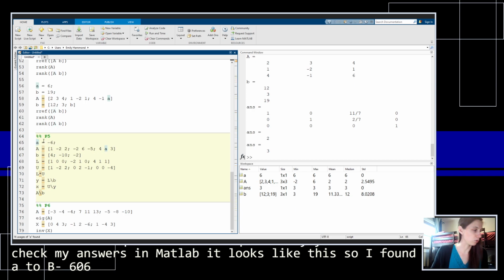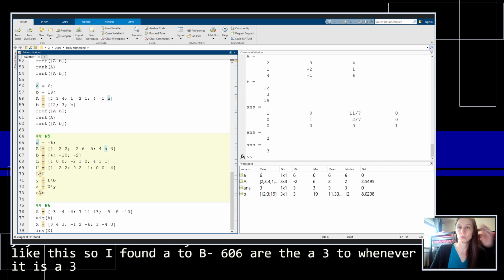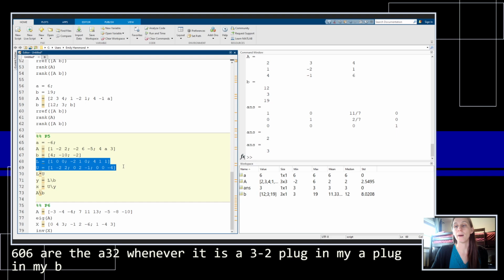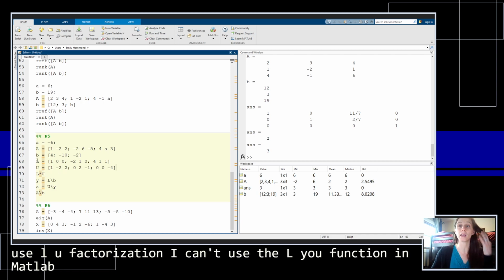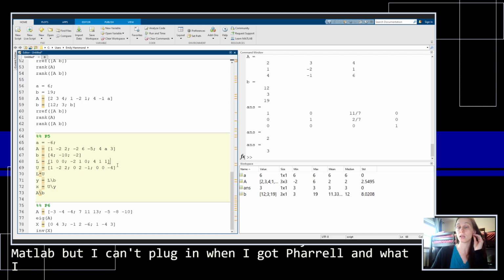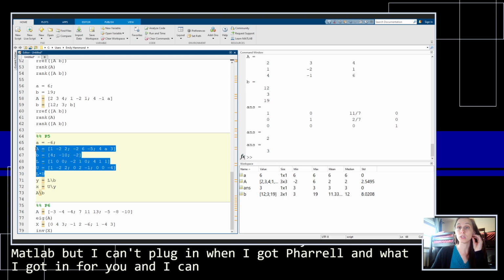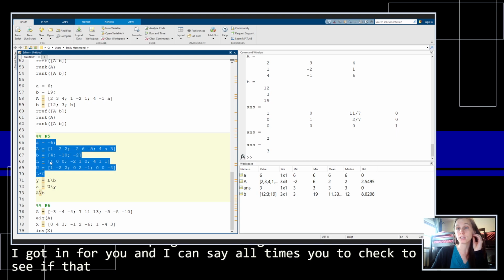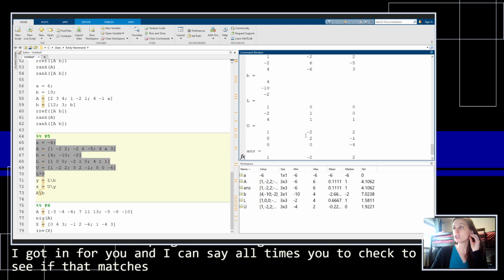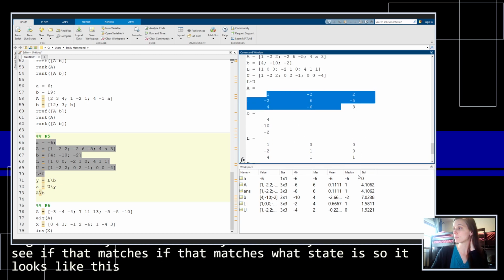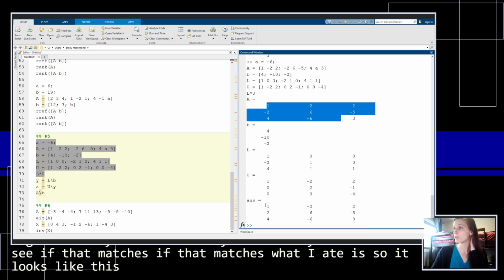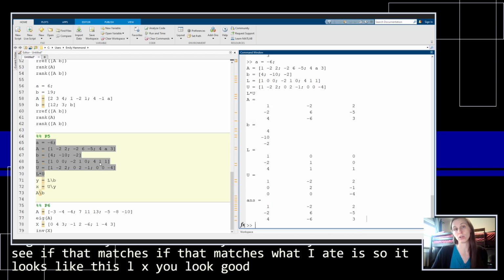Plug in my A, plug in my B. I can't use the LU function in MATLAB, but I can plug in what I got for L and what I got for U. And I can say L times U to check to see if that matches what A is. So if A looks like this, L times U looks like this, I can check to see that they're the same.